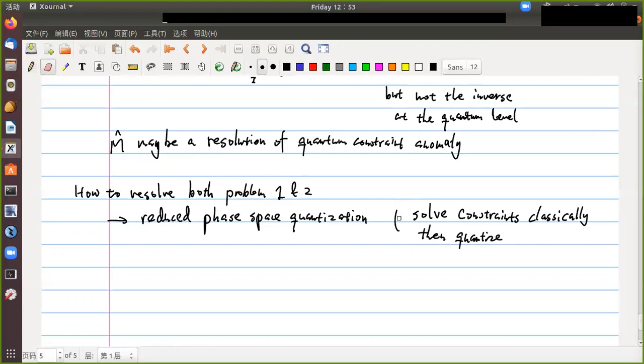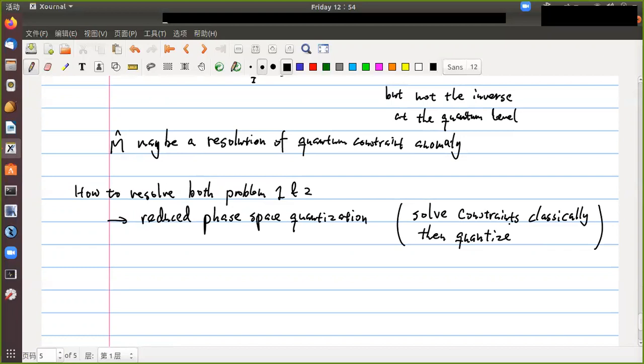As you can see, all those problems come from the fact that you have some complicated constraints in general relativity. Suppose you resolve those constraints at the classical level and then do the quantization. Then it seems you don't really need to deal with those constraints anymore, and you don't have all those problems, right? That's why this reduced phase-space quantization formalism is very promising.